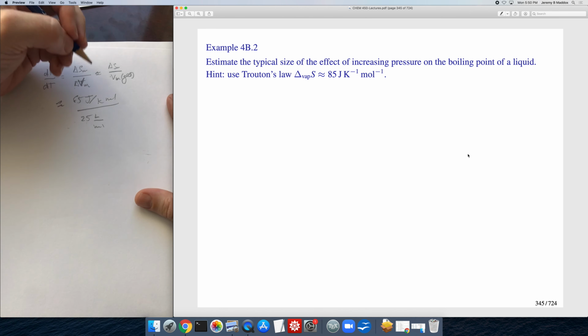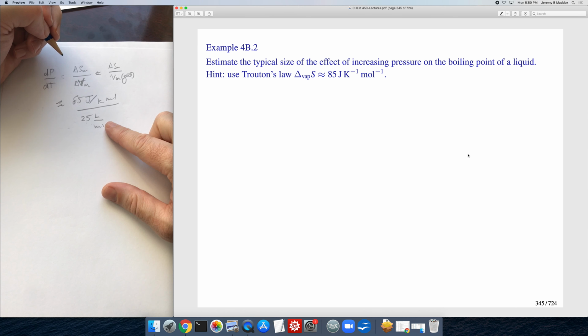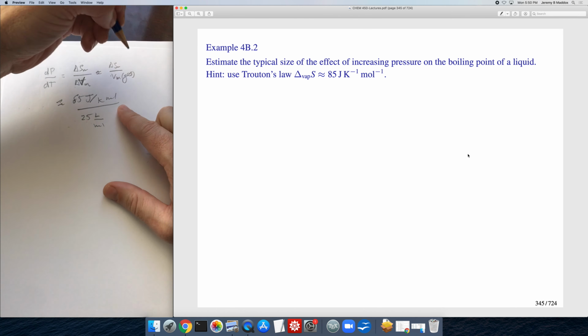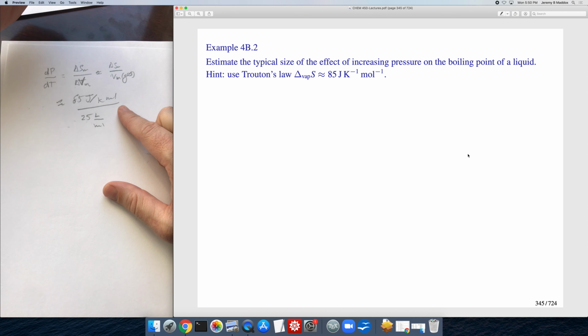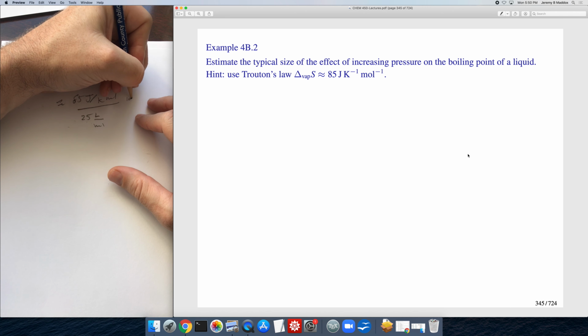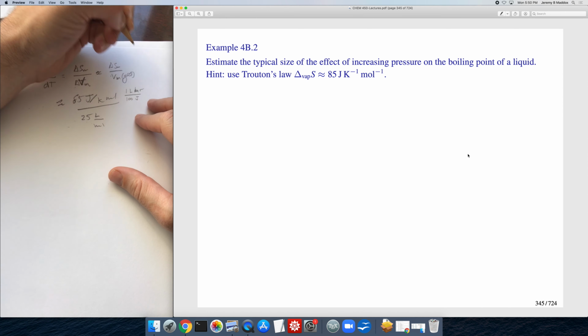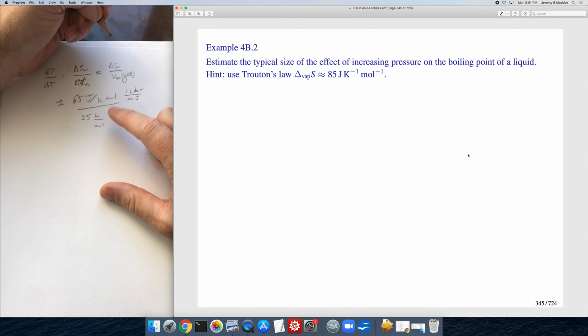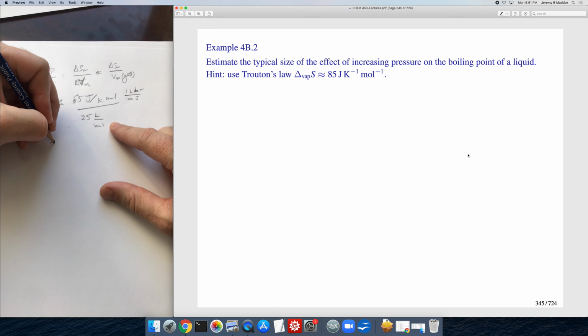We need to do the unit conversion. Let's convert this to liter atmospheres, or we'll do liter bars. 100 joules, 1 liter bar in the numerator, and then we've got the 25 liters down there, so that's probably what we want.